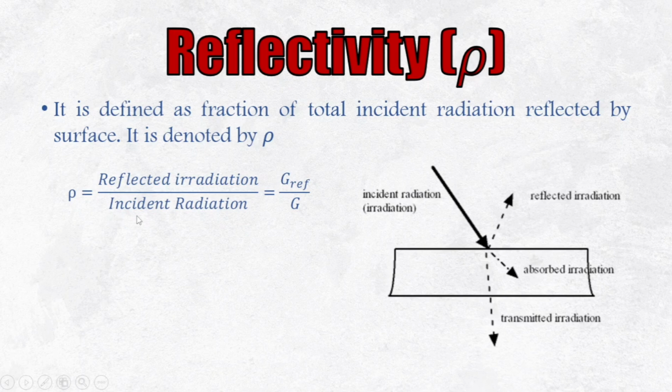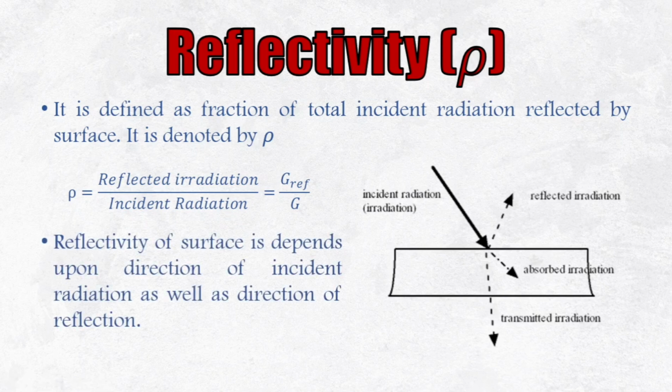Okay, so rho is equal to reflected irradiation divided by incident radiation. And again the value of rho will be between 0 and 1, and reflectivity of surfaces depends upon the direction of incident radiation as well as the direction of reflection. Okay, so this should be kept in mind, that the value of reflectivity depends on the direction of incident radiation.